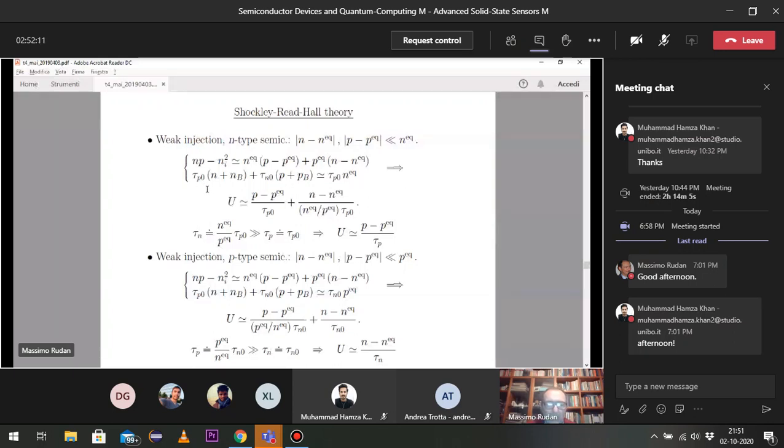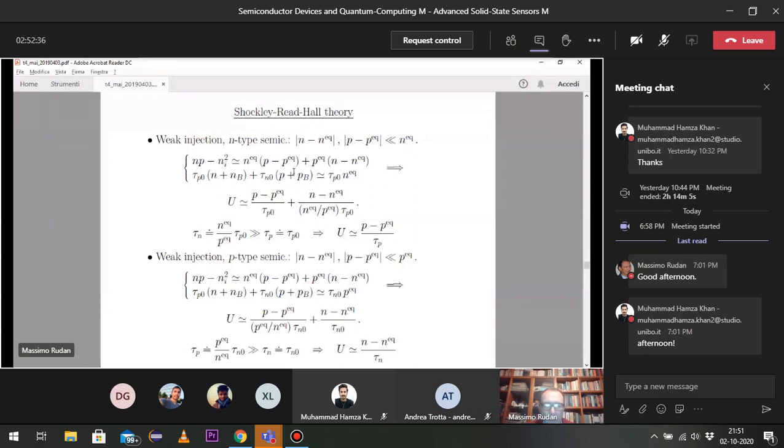In the denominator, since the electrons are the majority carriers, N is much larger than NB, because NB is of the same order as Ni, okay? But also N is much, much larger than P, because P is the minority carrier.